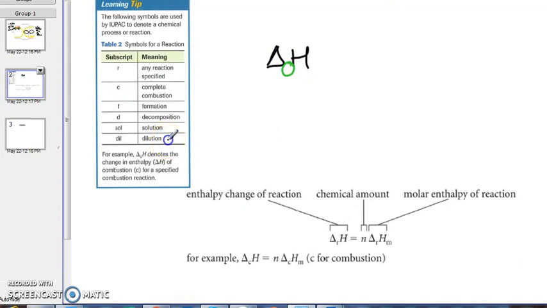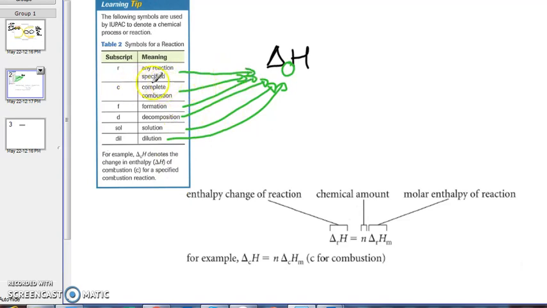Now, this could be a dilution or solution, meaning it is dissolving. The substance is decomposing or forming, combusting, or just anything that's specified reaction. So R is kind of just a generic term.